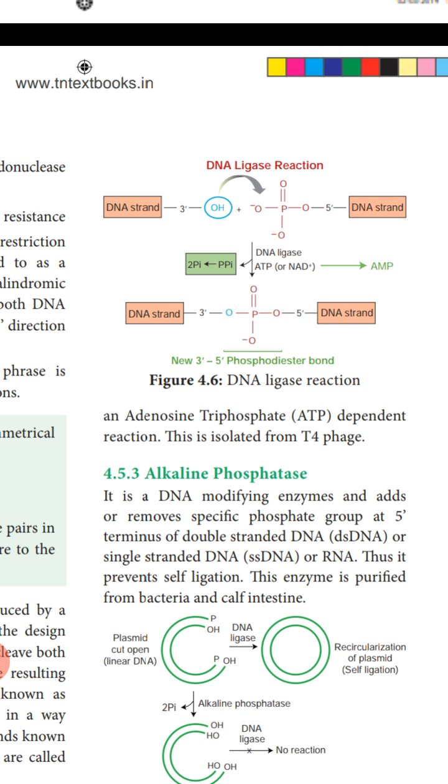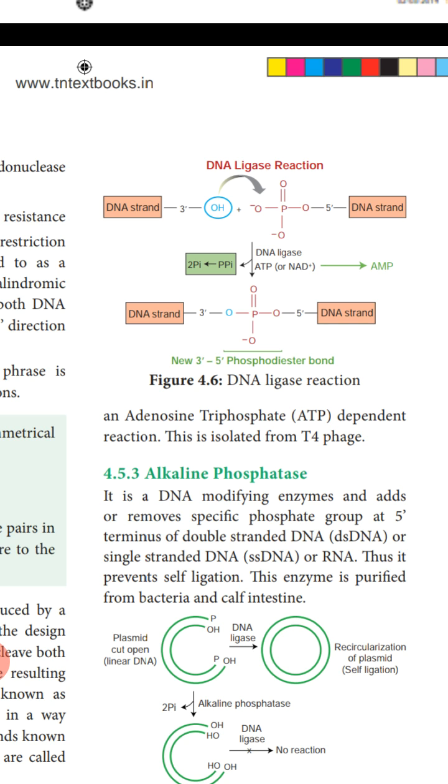So DNA ligase joins the cut ends of the DNA, and these two cut ends should have the 5' end with PO4 and the 3' end with OH. This OH and PO4 are bonded by a phosphodiester bond, utilizing one ATP.